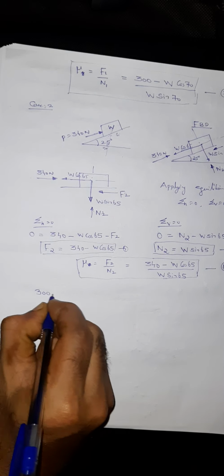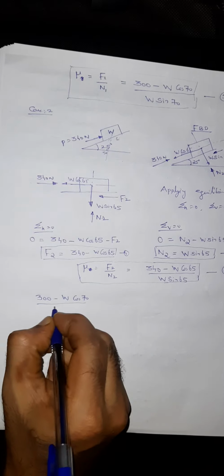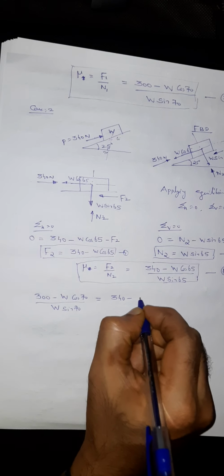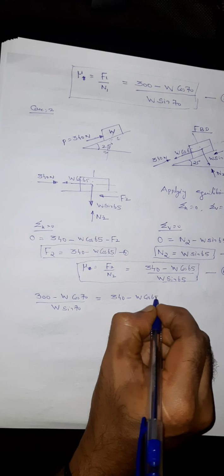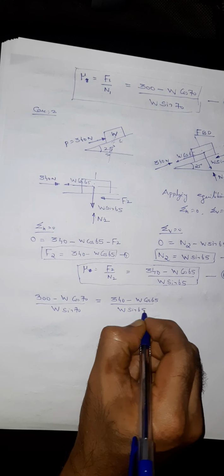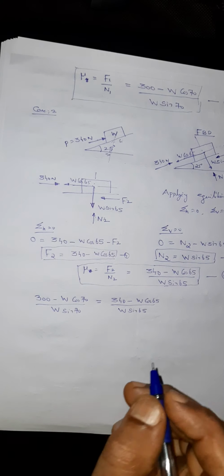So 300 minus W cos 70 divided by W sin 70 equal to 340 minus W cos 65 divided by W sin 65. We'll have to do the cross multiplication here.